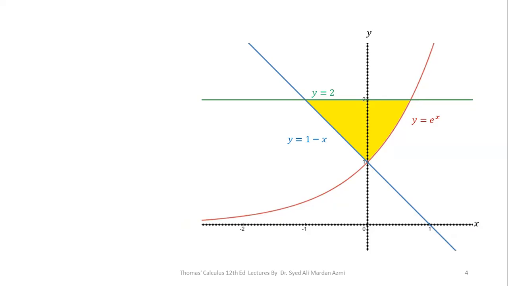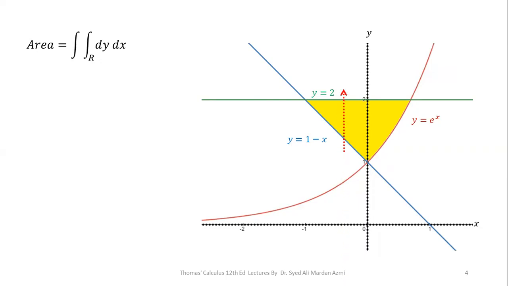To calculate area of this region, we have two possibilities. We can take y as our inner variable or x as our inner variable in double integrals. Let's see what happens if we take y as our inner variable and x as outer. In order to calculate limits of inner variable, we always use arrow technique. We will pass a vertical arrow through this region.